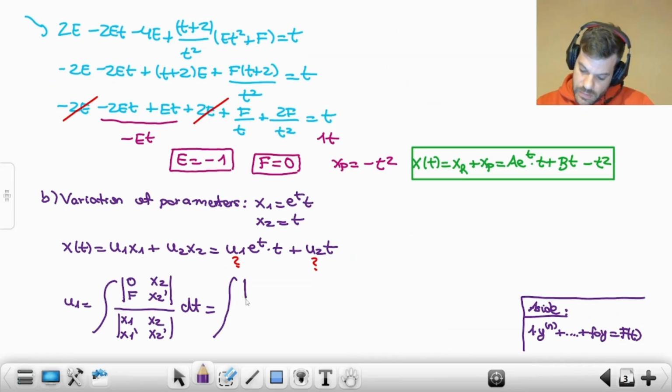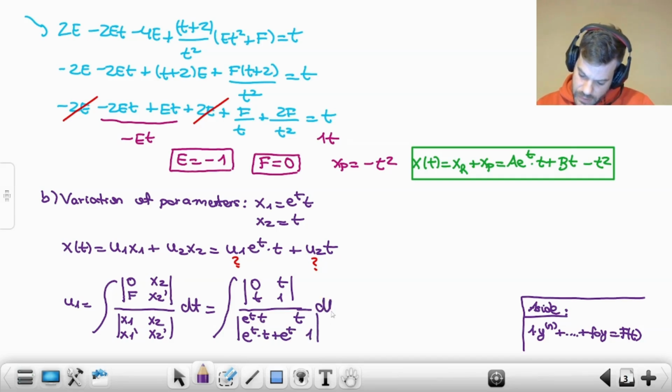So it is 0 and t, x2 is t, its derivative 1, downstairs x1 e to the t times t, x2 t, derivative of the first times the second plus the first times the derivative of the second, and here we have a 1, derivative of t.